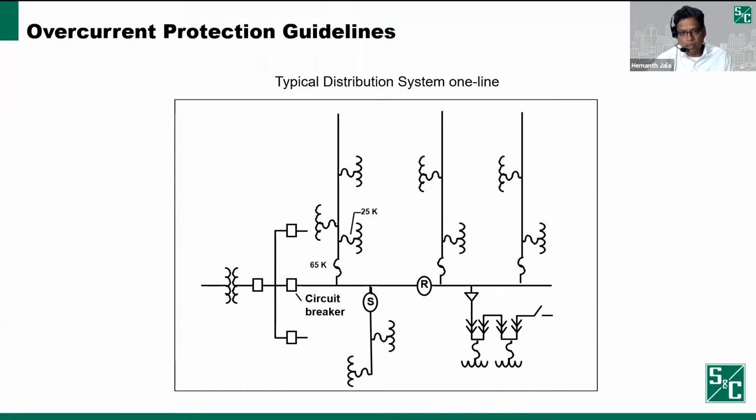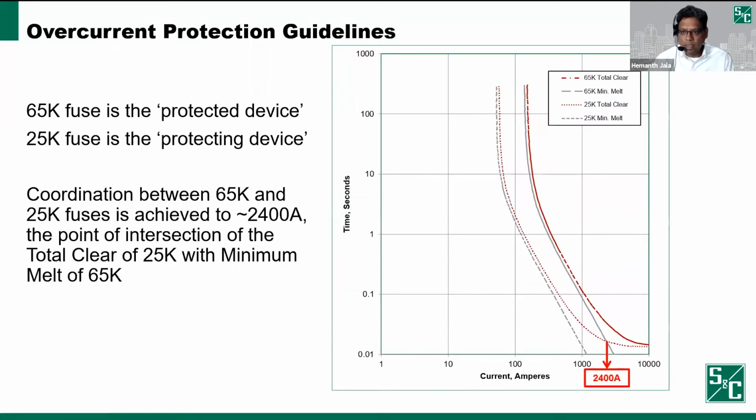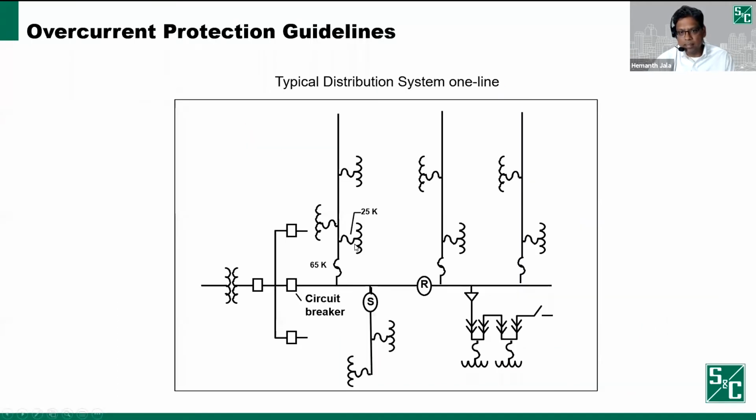So let's focus on these 2 devices: the 25K fuse protecting this transformer and the 65K fuse in series. I plotted the TCC curves of these 2 devices. From the definition perspective, the 25K fuse is the protecting device and the 65K fuse is the protected device.